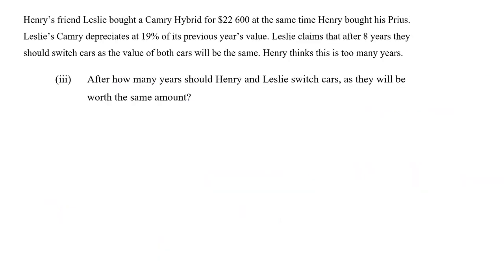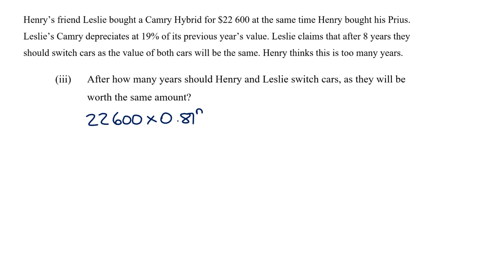So this part is combining the previous question with this one. So a Camry, same time as Henry bought the Prius, the Camry depreciates 19% as opposed to 16%. So the Camry is 2,600 times by the 0.81 to the power of n.